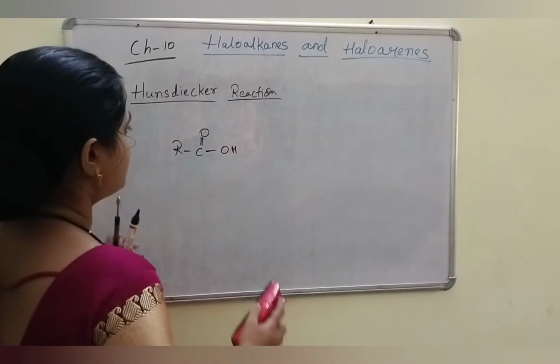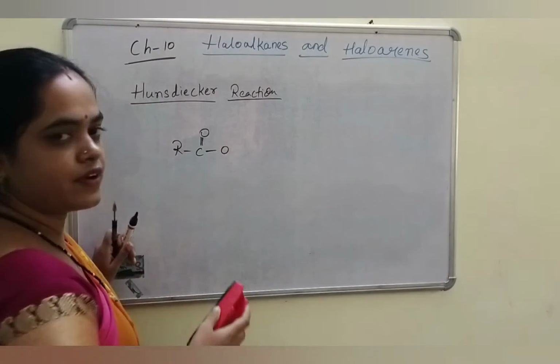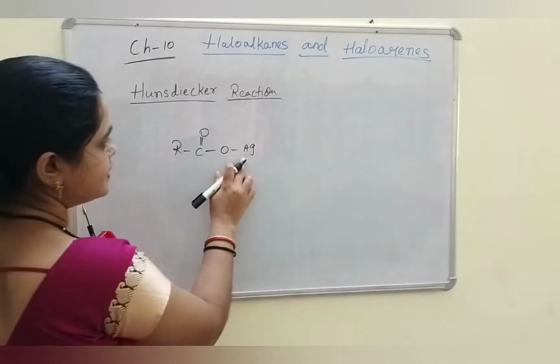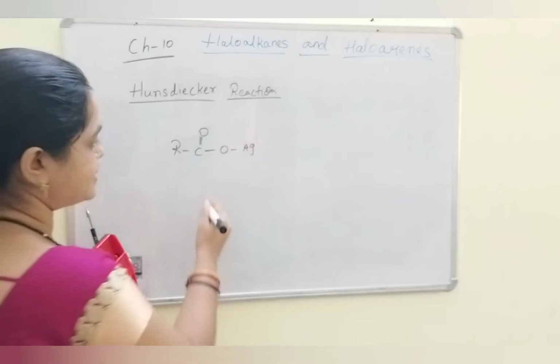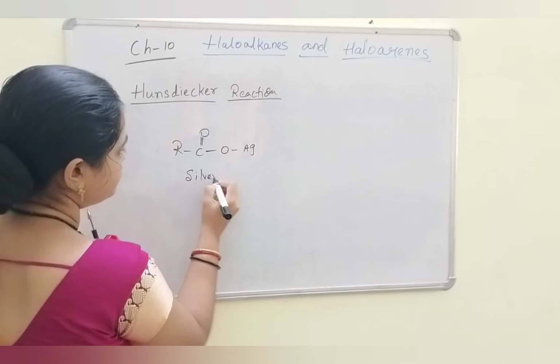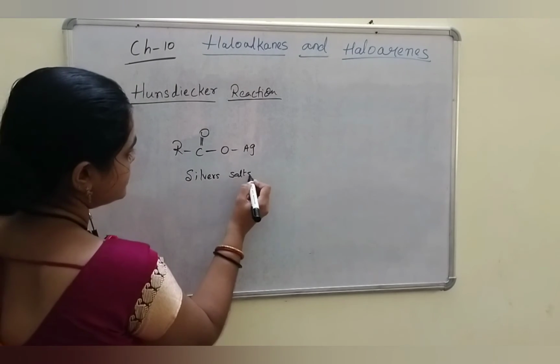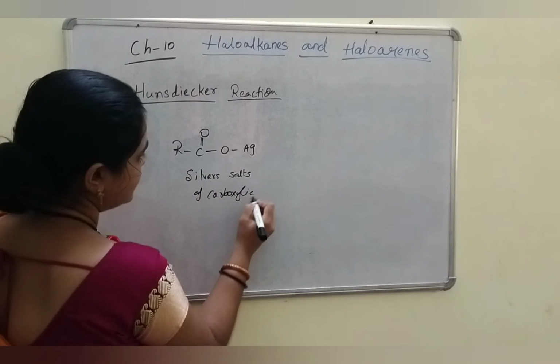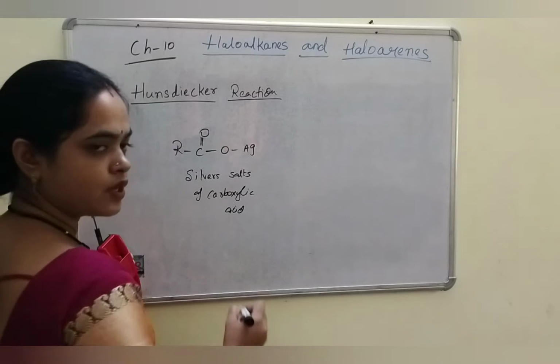In place of the H of COOH, silver is present. This is the silver salt of carboxylic acid, treated with bromine or chlorine.